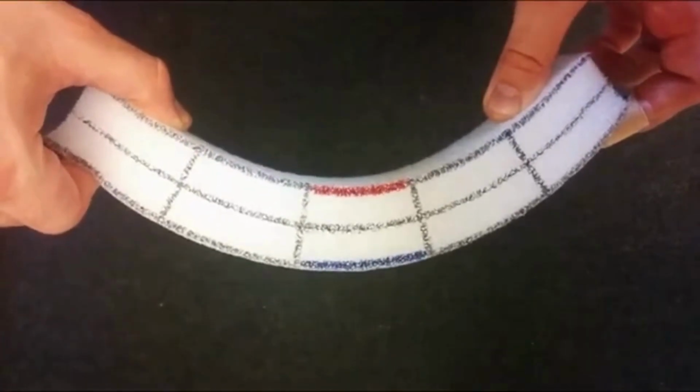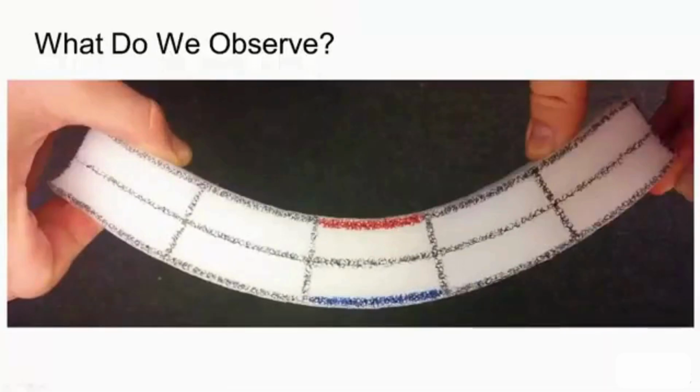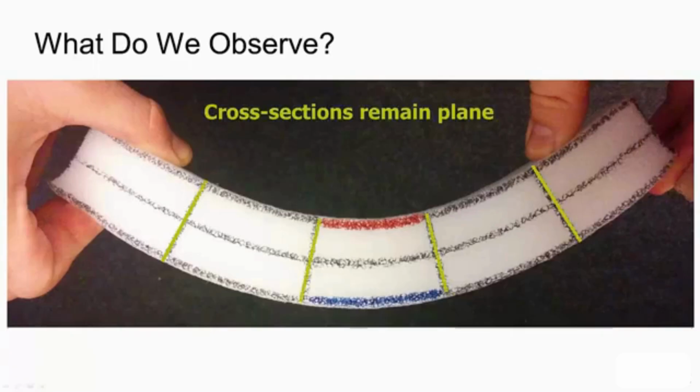If we pause a frame out of it and look at that, we can make some observations about the deformation we see. The first observation we can make is that these straight lines that align with the cross-section, although they rotate during the deformation, they remain straight. So we say cross-sections remain plane.